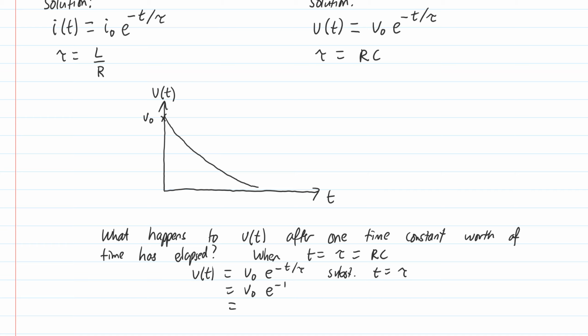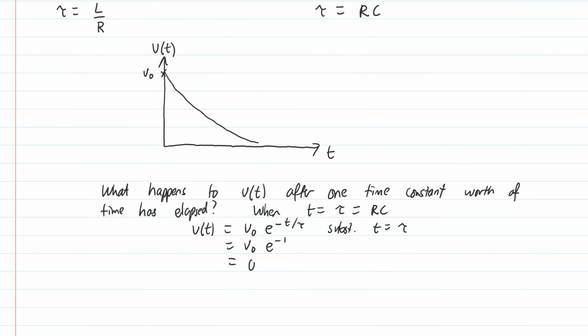So e to the power of minus 1 is actually 0.3678 times V0, so about 37% of the initial value.